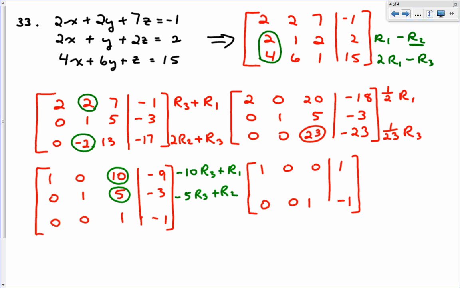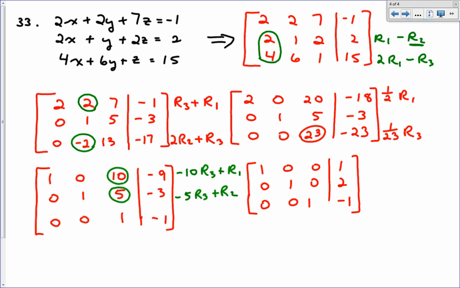So we'll start with the far left. -5 times 0 plus 0 still gives us a 0 there. -5 times 0 plus 1 gives us a 1 there. -5 times 1 plus 5 gives us a 0. And -1 times 5 is -5. No, sorry, that's 5 plus -3 gives me a 2.